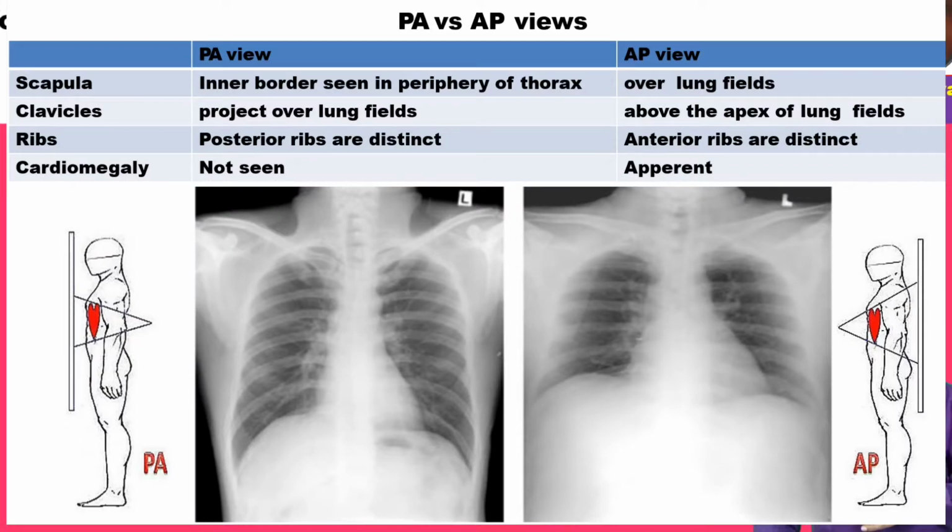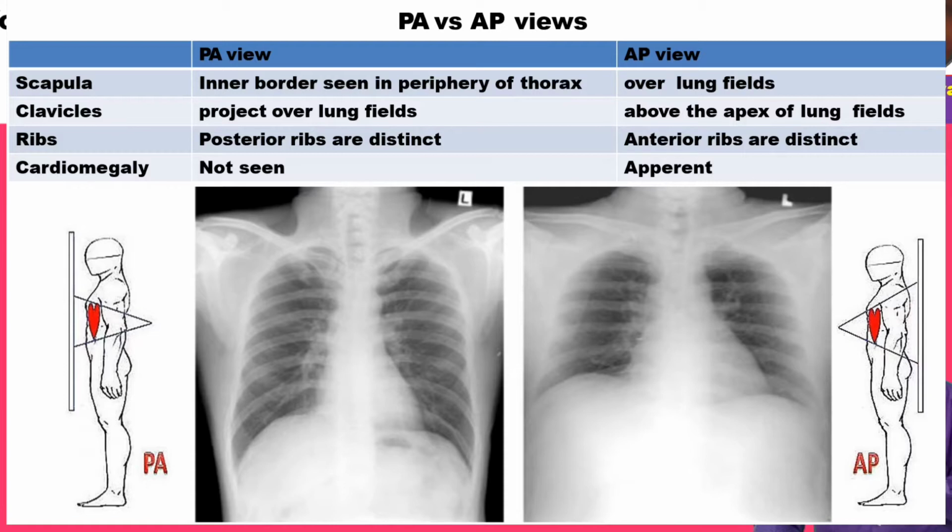As in this picture, PA and AP views, how will we differentiate between the PA and AP view? In the PA view, the X-ray beam goes from the posterior side and the plate is at the anterior side. So in the PA view the beam goes posterior to anterior, and the X-ray plate is at the anterior of the chest.